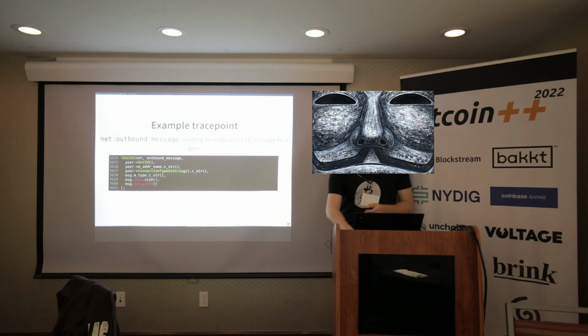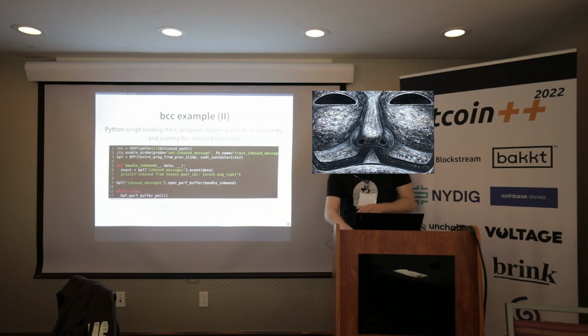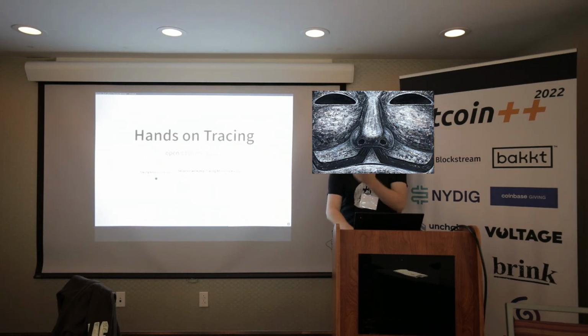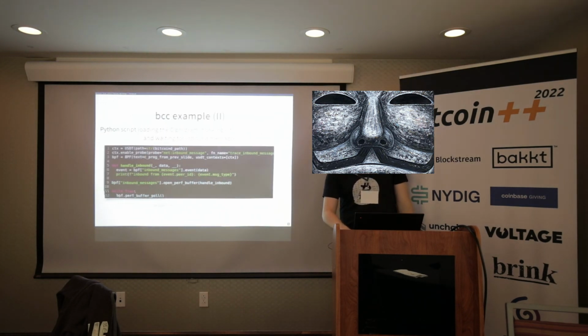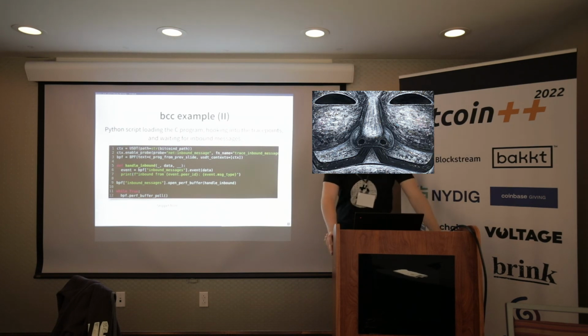Yes. Which data types can be passed to trace points? Oh, actually, good question. We're a bit limited. Basically all data types that are defined, for example C strings or integers or something like that.